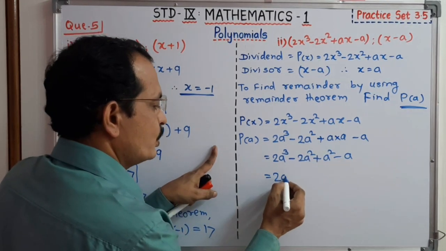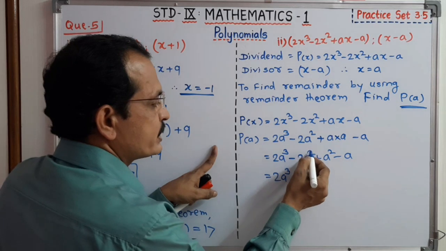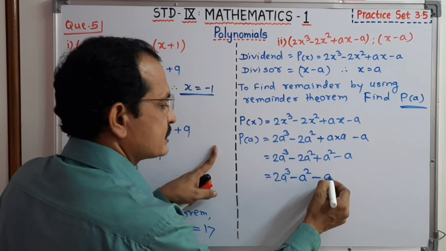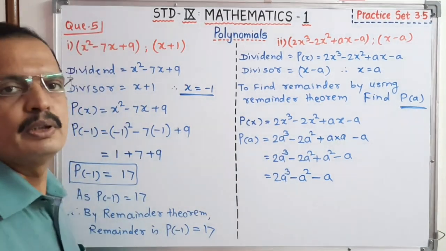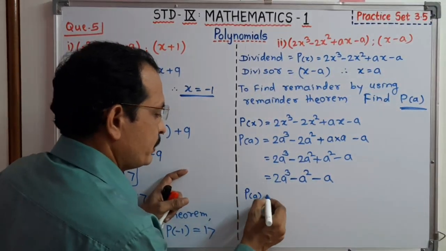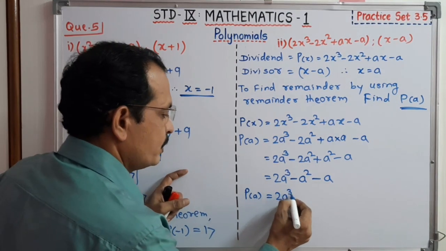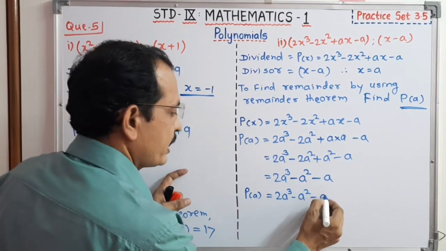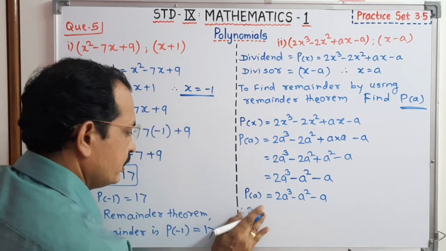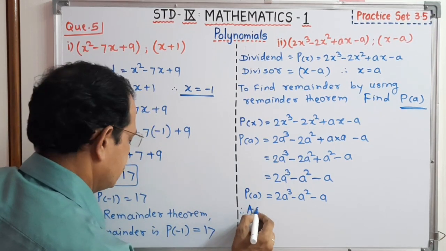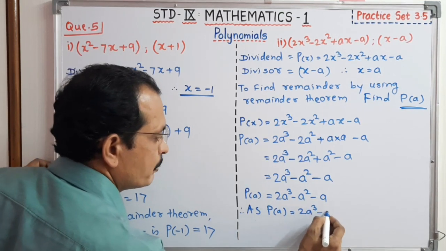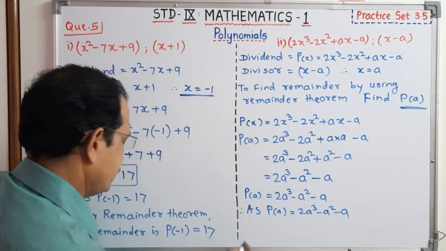Dear student, 2a cube minus 2a square plus a square gives minus a square, then minus a. Now see, dear student, we got the value of this polynomial: p(a) is equal to 2a cube minus a square minus a. Here we have to write p(a) is equal to 2a cube minus a square minus a.